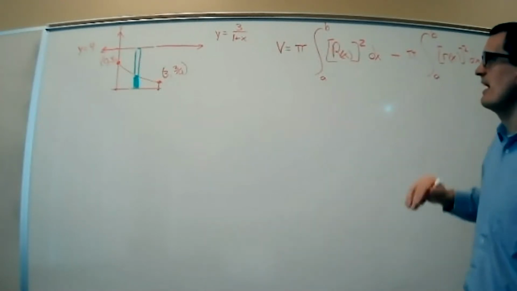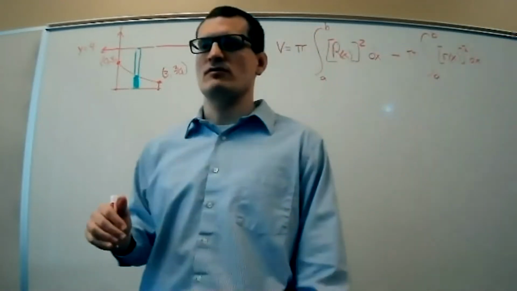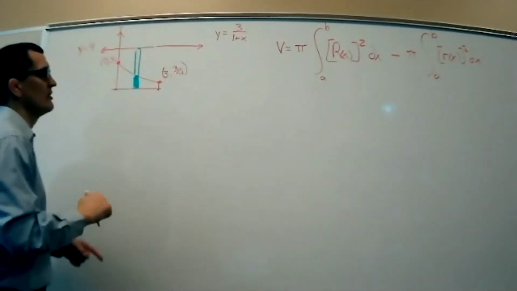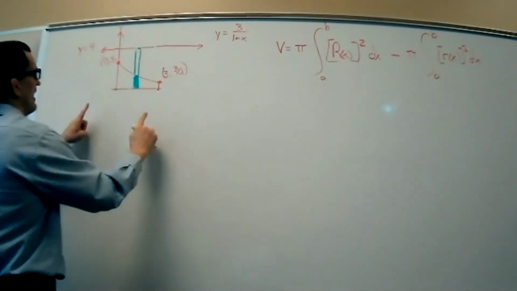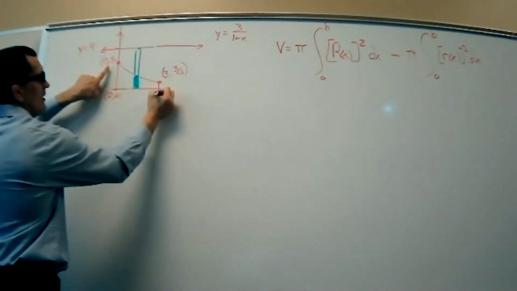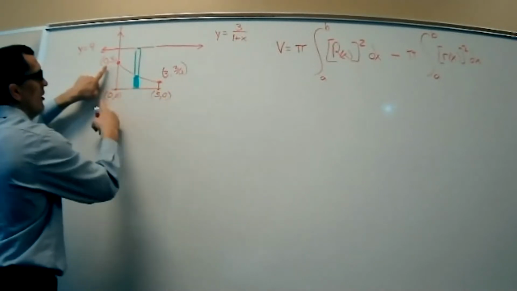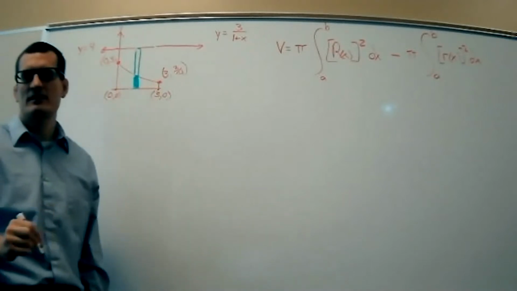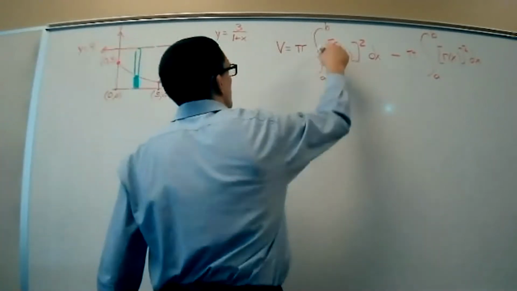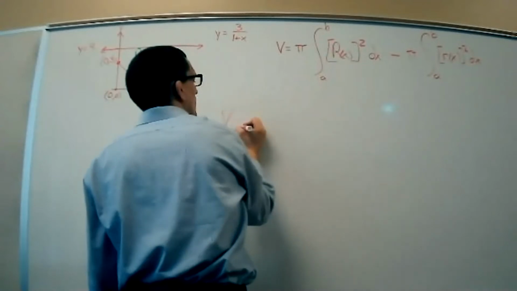Hopefully you can read that. I know that's fairly far over. So a to b, we're going with respect to x, from 0 to 3. That's what we're integrating over.